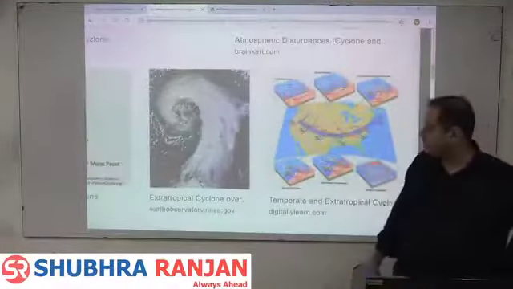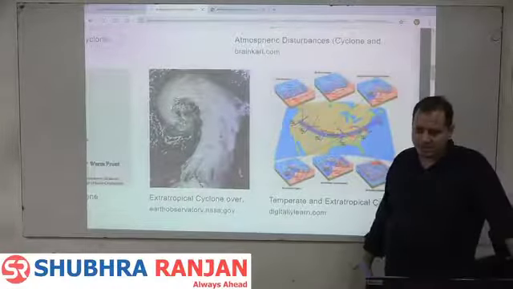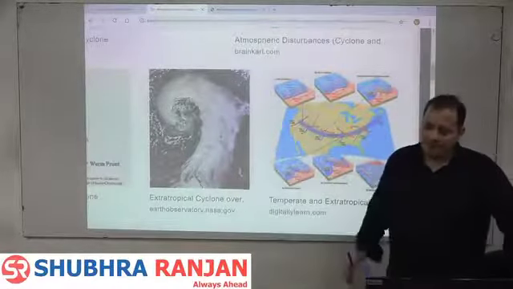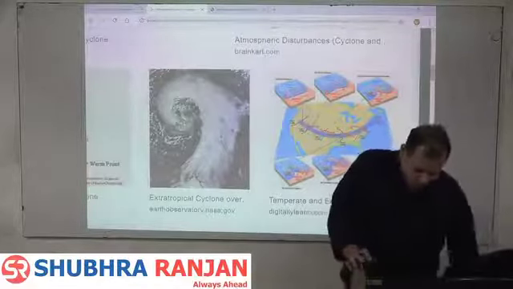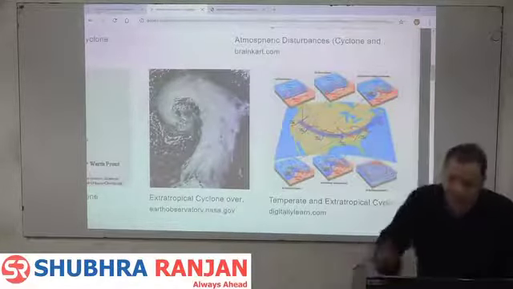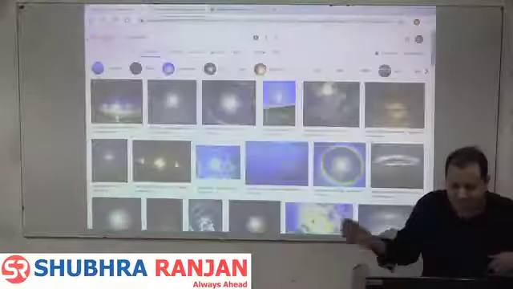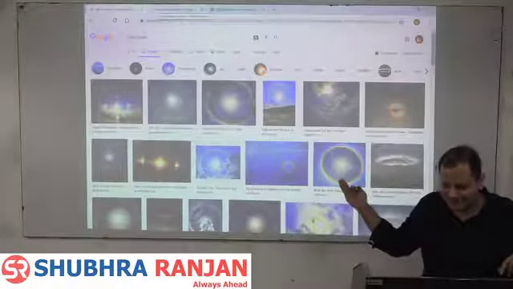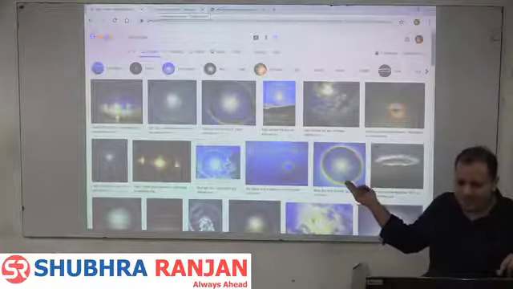This is the satellite image of temperate cyclone. And you were asking about halo, this is halo. Cirrus clouds, cirrostratus clouds.